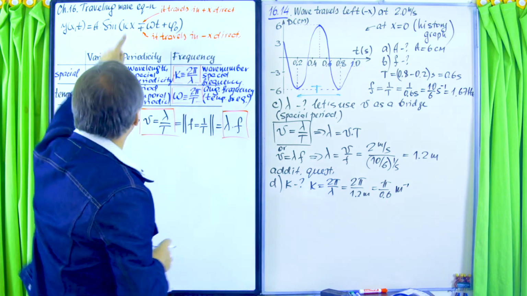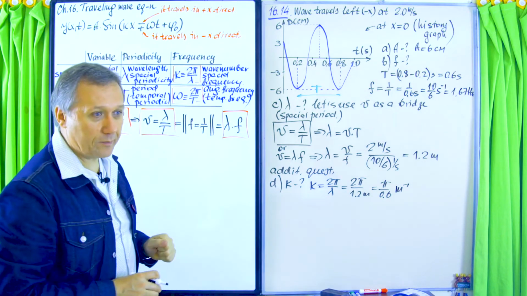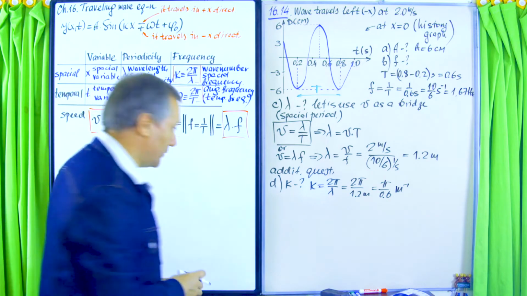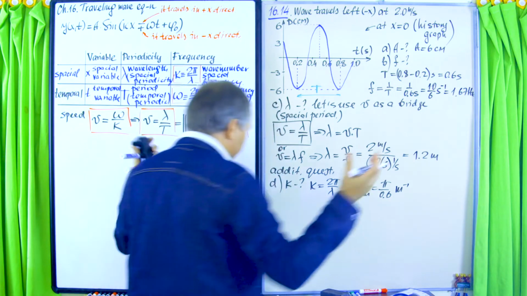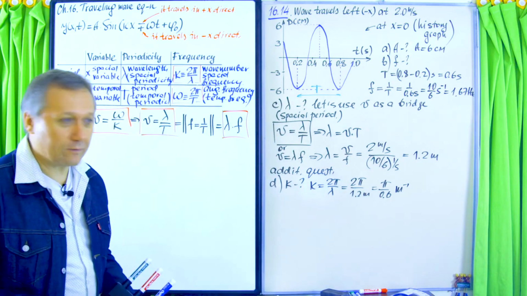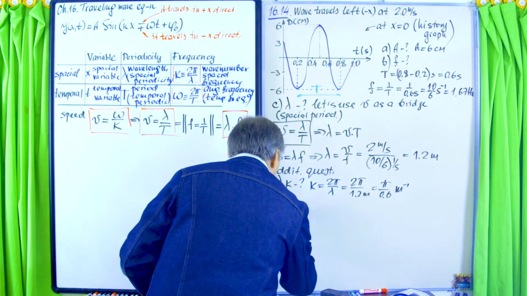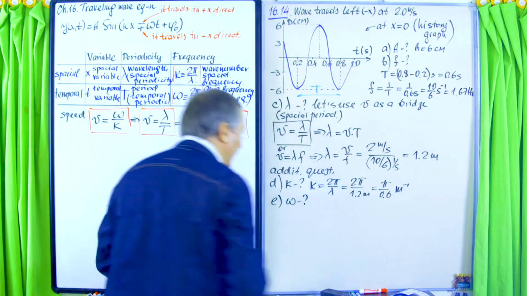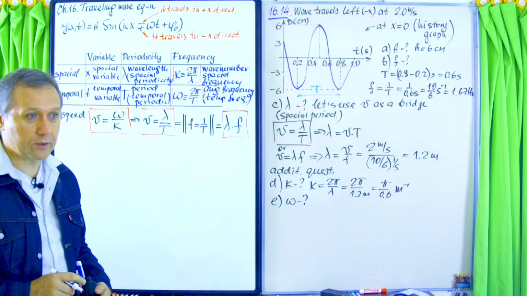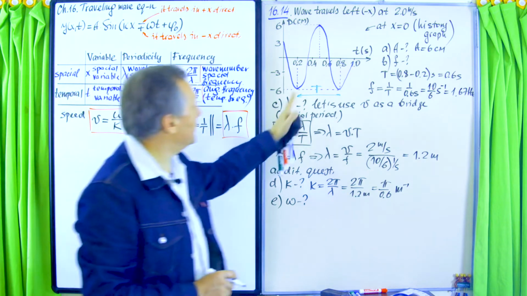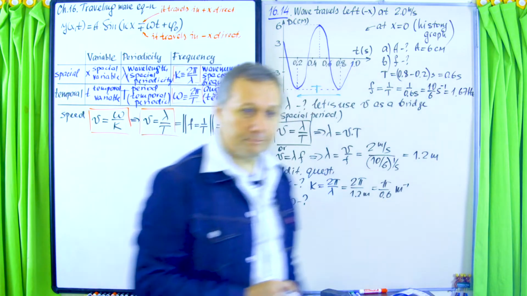Okay, so now we have this K. Now let's find omega, and after that phi naught, and we will find everything that we can find. So now omega, angular frequency. Again, look at the definition. It's 2 pi divided by temporal periodicity T. And T we found.